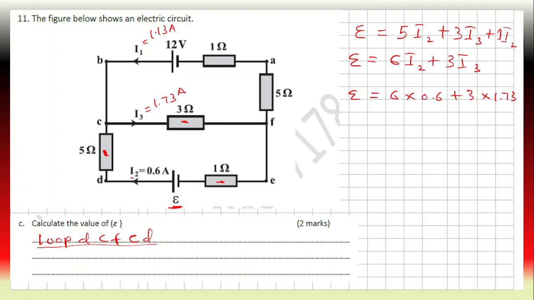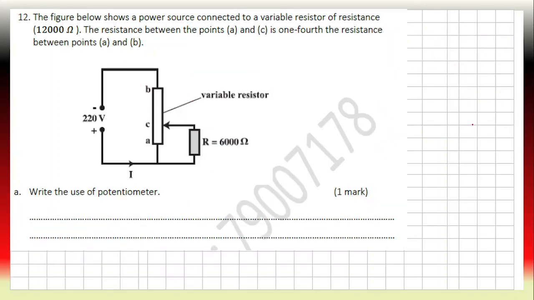So what do you get from that? I'm getting from here E is equal to 8.79. Yeah, 8.79. So what do you get from your side? Are you getting the same thing? It should be the same thing. 8.79 volts.